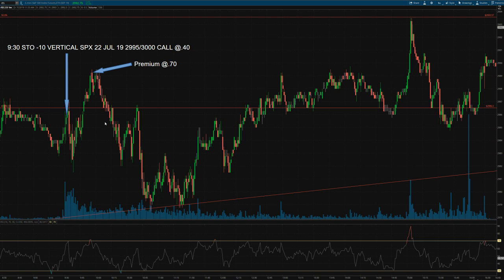So I felt pretty comfortable, until it started going up again. It went up to the support level that I have on the 1 hour, and then retreated down.